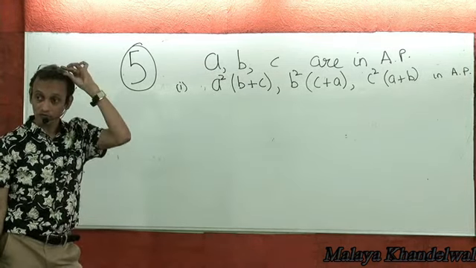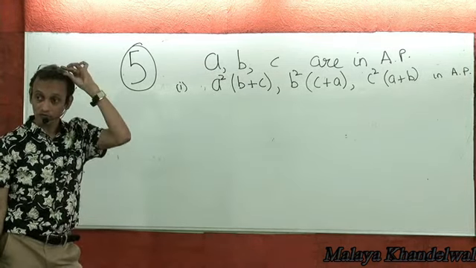And this would be true if and only if, on adding 1, AB plus BC plus CA by BC, AB plus BC plus CA by AC, AB plus BC plus CA by AB are in AP, right?